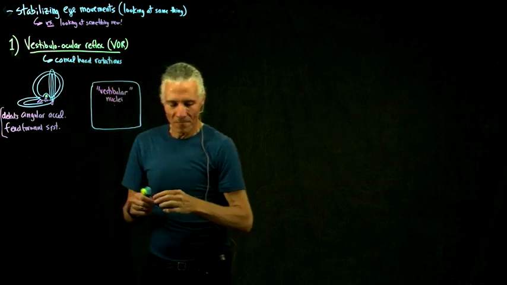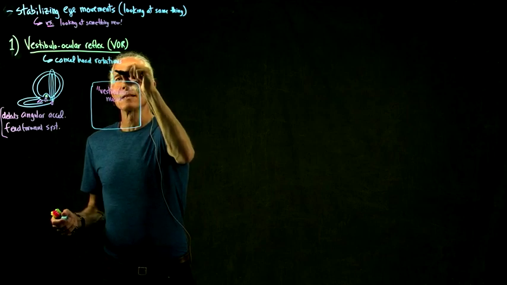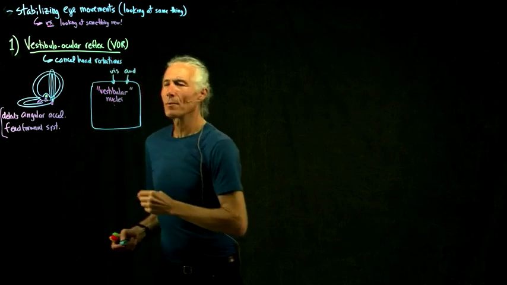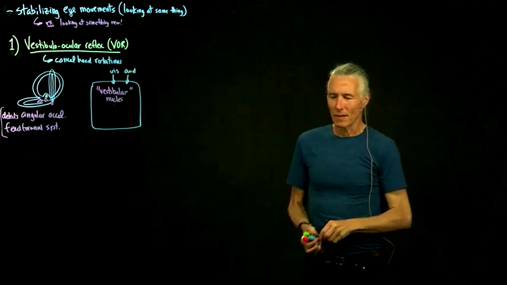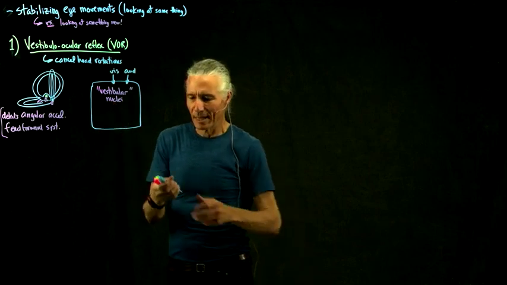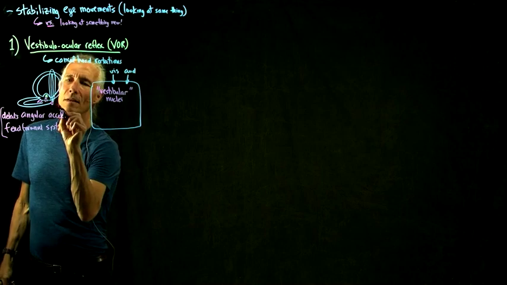So there's visual input coming in. There's auditory input coming in. There's a lot of other input coming into these. Really, the reason they're called the vestibular nuclei is because they get a direct input from the vestibular hair cells.